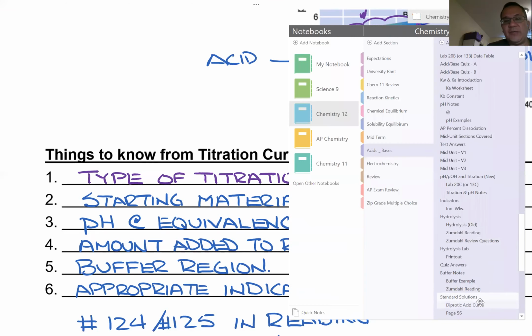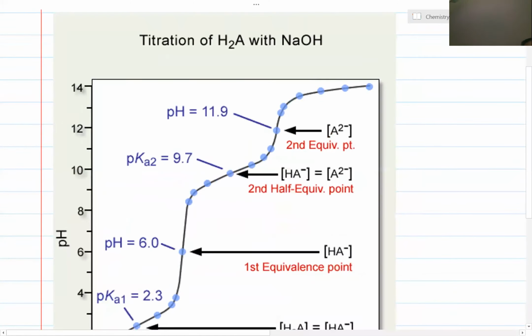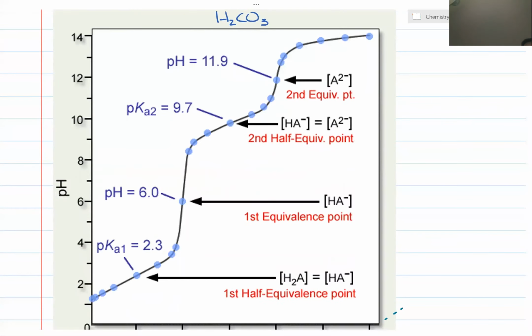Now, one thing I would like you to be aware of is that sometimes you actually get 2 equivalence points. In this case, what you have is a diprotic acid, something like H2A. You could think of it like H2CO3. If you were to take a titration curve, you would get 2 equivalence points.